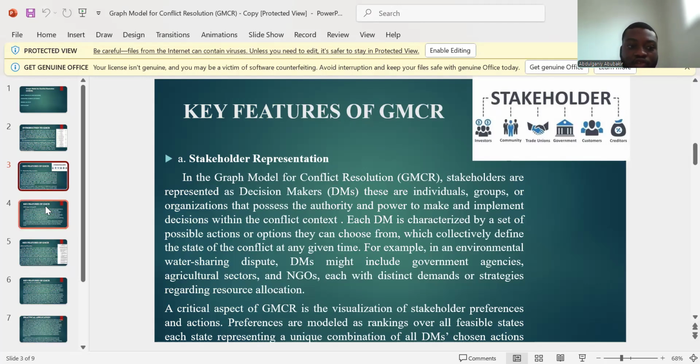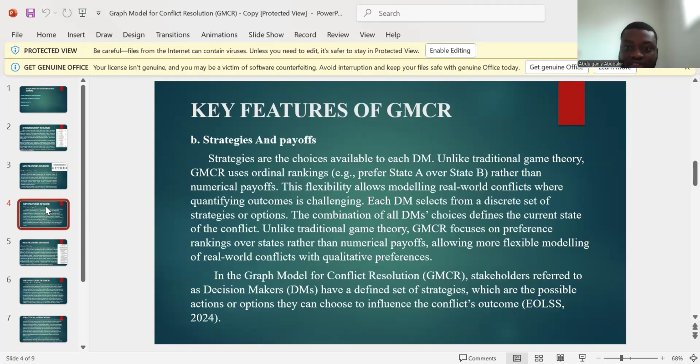So the other key feature is strategies and payoffs. This is all about strategies. There are choices available to each decision maker, and GMCR uses ordinal rankings.